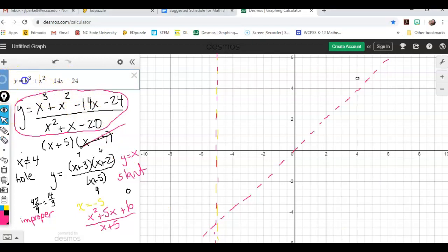So if we were to put this in parentheses and divide it by, and put our denominator down here, x squared plus x minus 20.